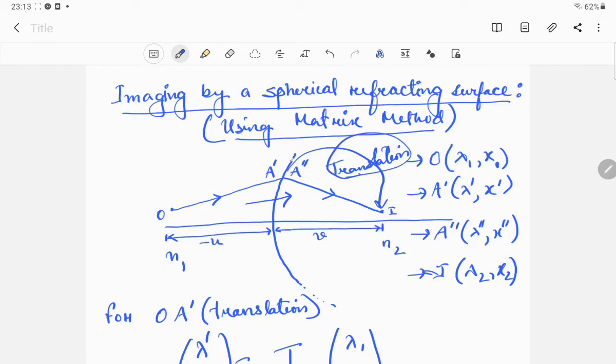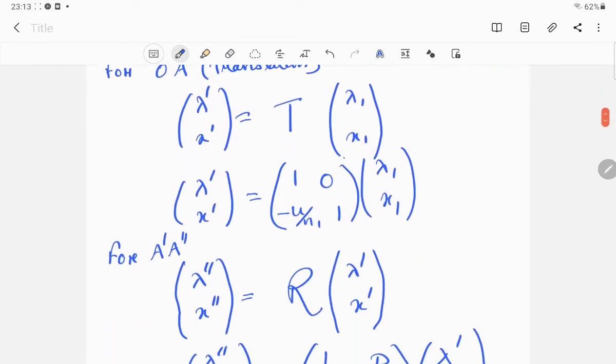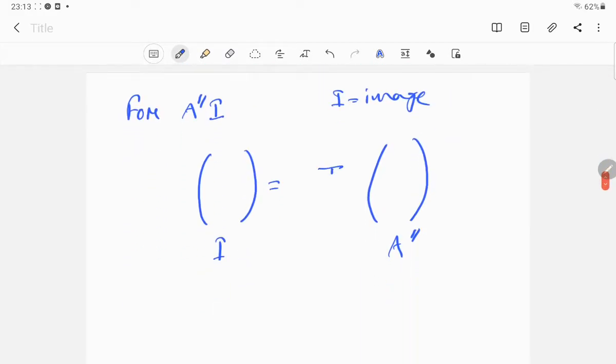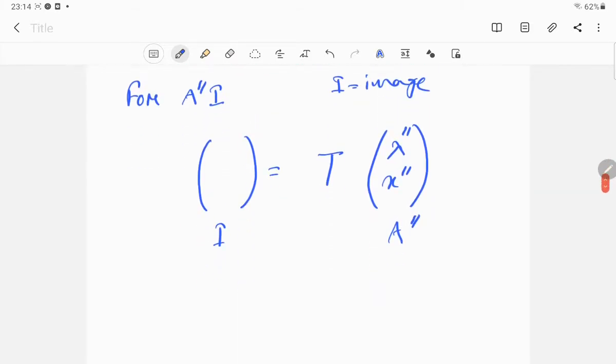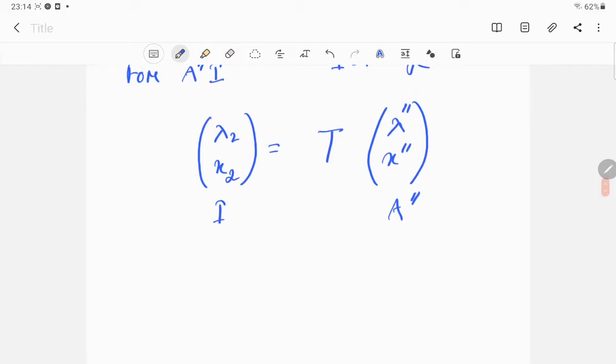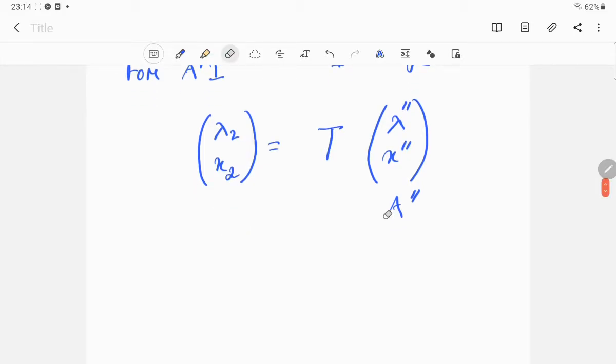This matrix is nothing but the translation matrix. For A'', it is λ'' x'', and this is λ2 x2, with the translation matrix.